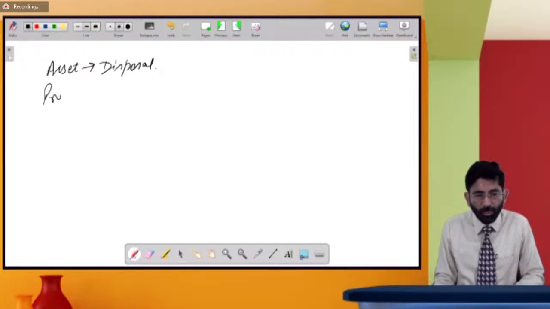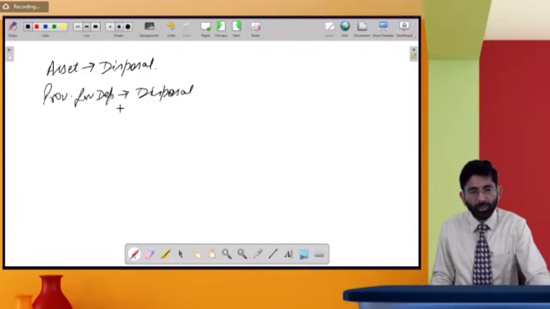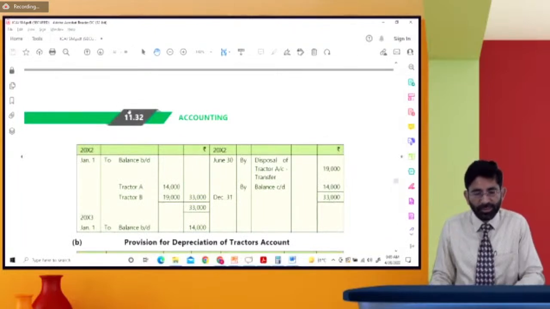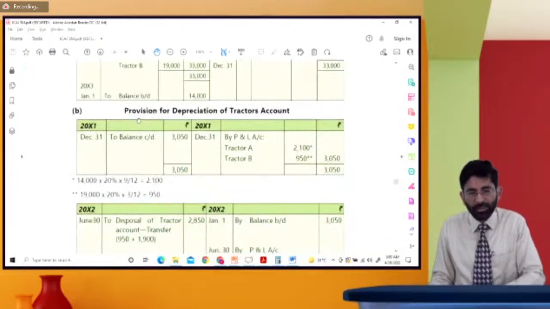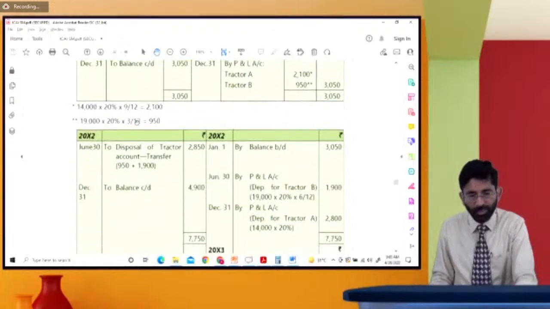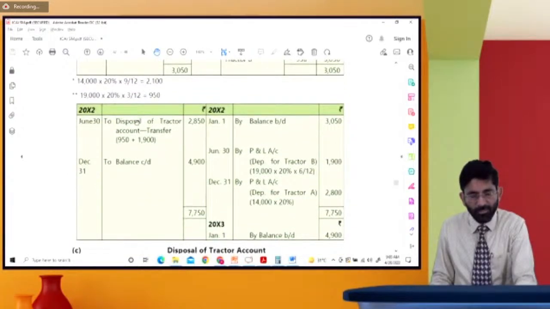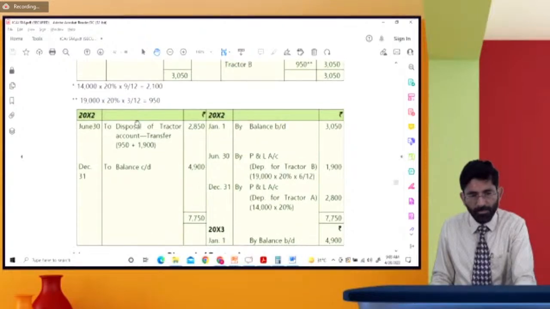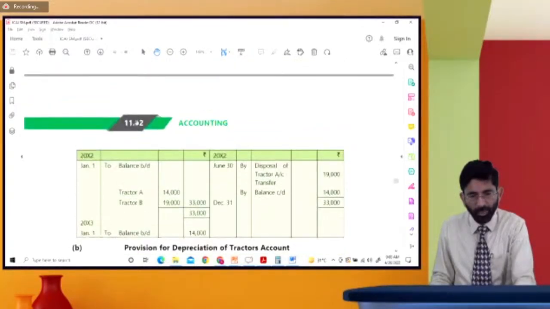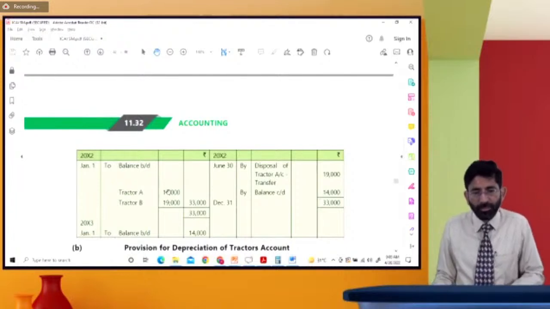Whatever the balance of the provision for depreciation account, that will go to the disposal account also. In the given case, the asset disposed of is tractor B. Tractor B's value is 19,000. This will be transferred to the disposal of tractor account.